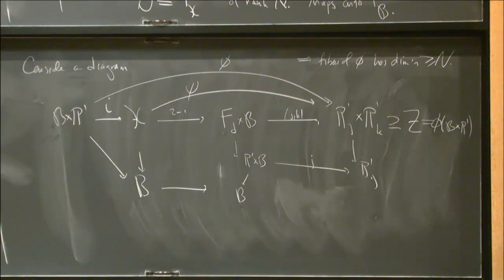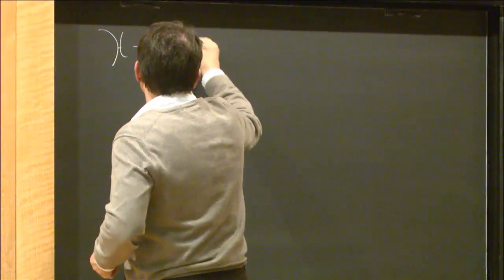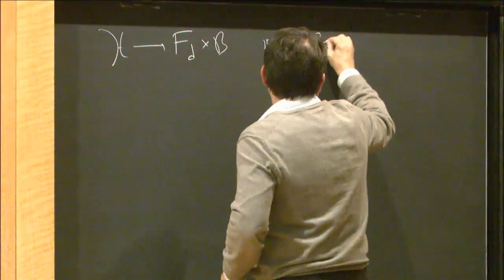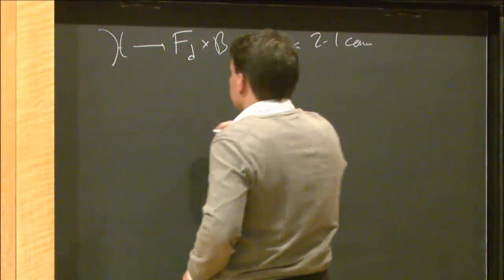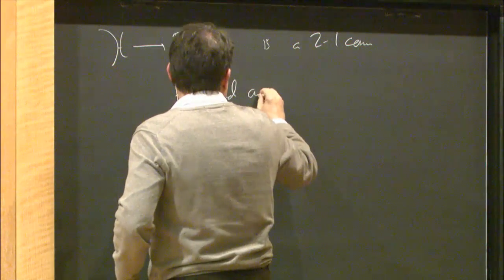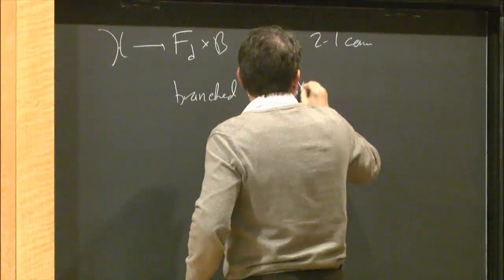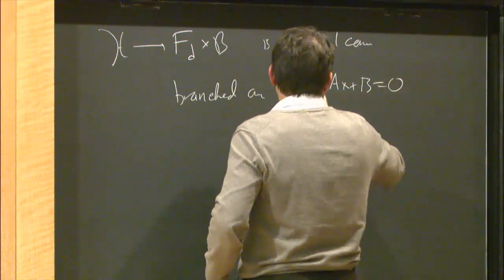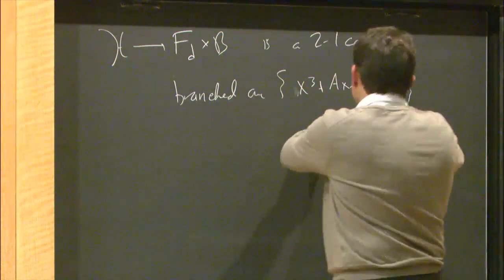Okay, so the family X mapping to this ruled surface cross B is a 2-to-1 cover branched over the set where x cubed plus ax plus b is equal to 0. A and b are varying.